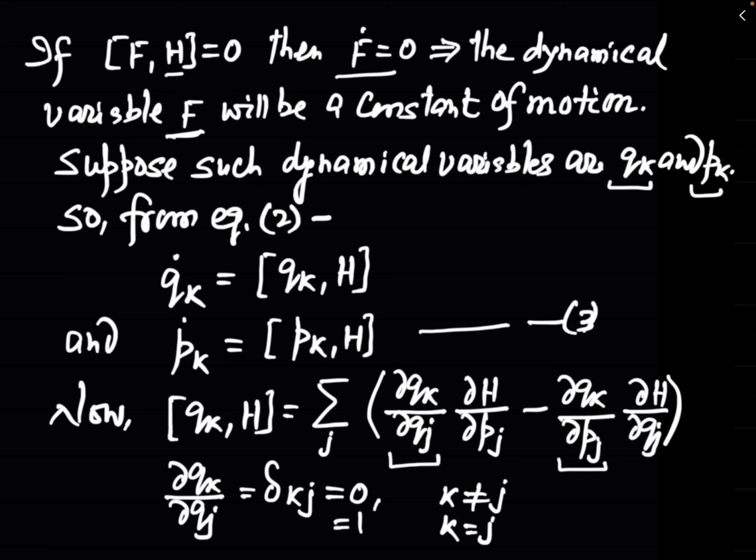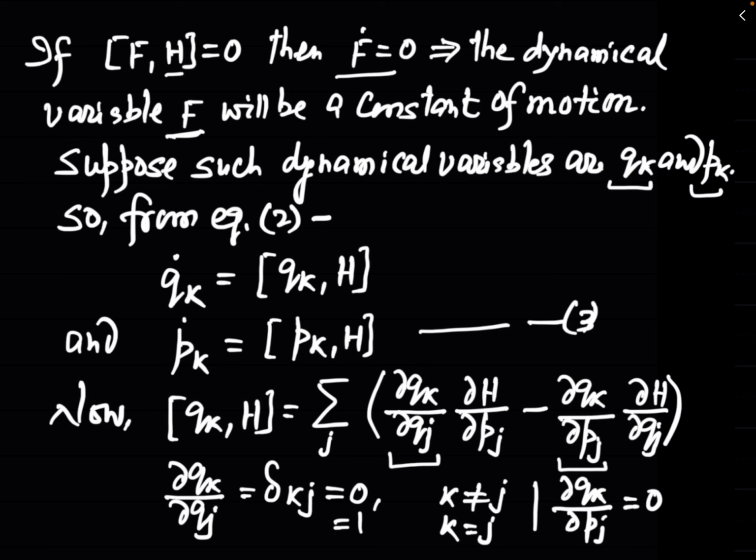Since Q and P are independent variables, so definitely the derivative of Q with respect to P will be 0. So del QK by del PJ is equal to 0.